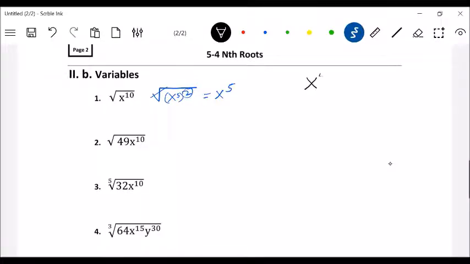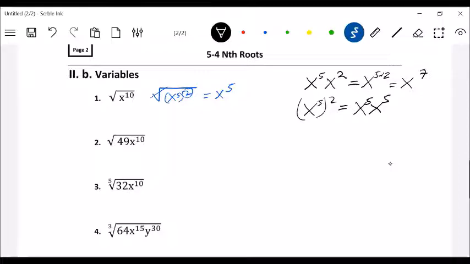If I were to have x to the 5th times x to the 2nd, that would be x to the 5 plus 2, which we would then write as x to the 7th. But if it's x to the 5th squared, a square means writing it twice to multiply it to itself. And if we do x to the 5th times x to the 5th, now it becomes like the one above. So it'd be x to the 5 plus 5, which would be x to the 10th.